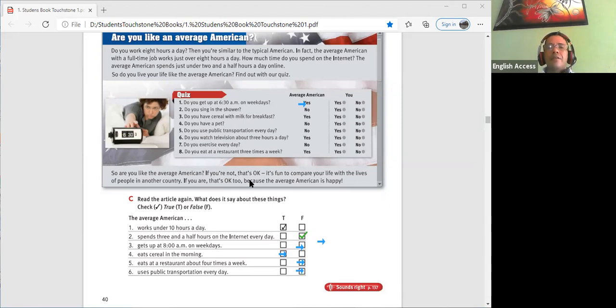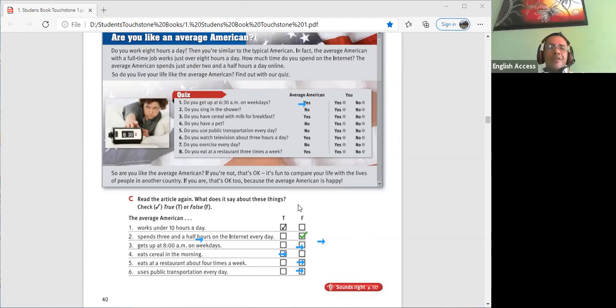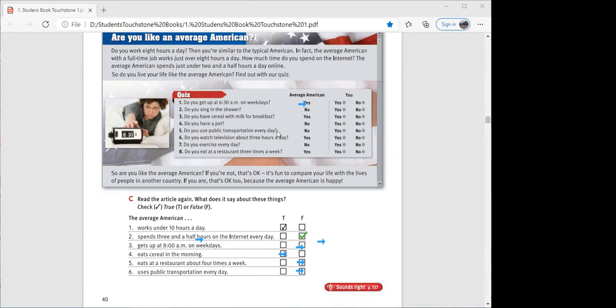So with this chart, we are comparing something about the American culture, especially food, the lunch or breakfast. Americans usually have breakfast, and usually it's cereal with milk or some eggs with ham or bacon and some potatoes, right?